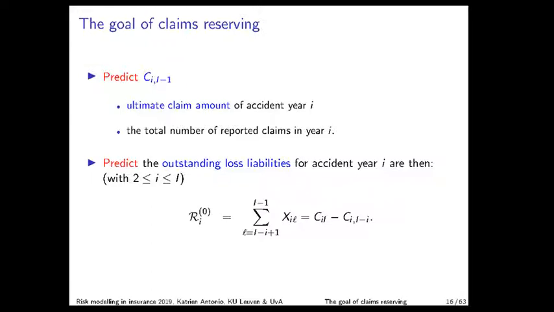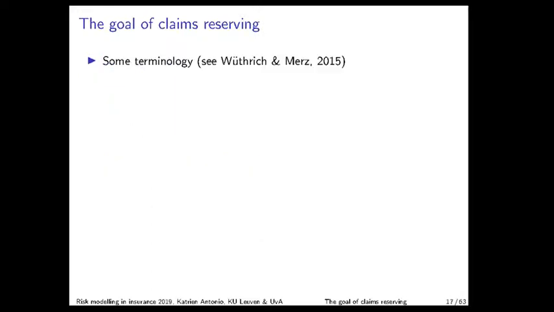This is your mathematical notation for the reserve expressed in terms of incremental random variables or as a difference between two cumulative amounts. Now, as explained on the previous sheet, the superscript 0 refers to reserves calculated at the end of year capital I, that is the present moment. But reserves will also be calculated later in time, using the most recent information available.